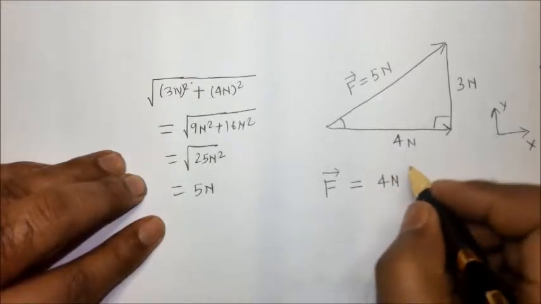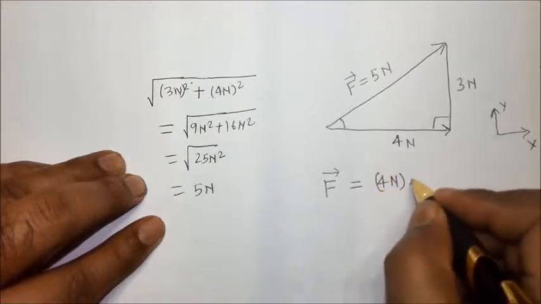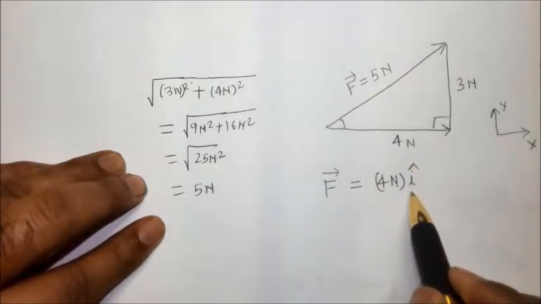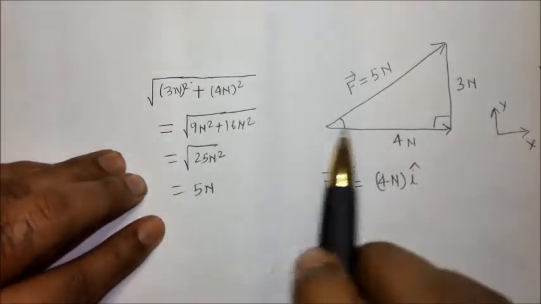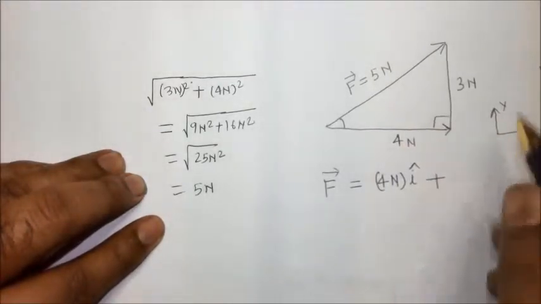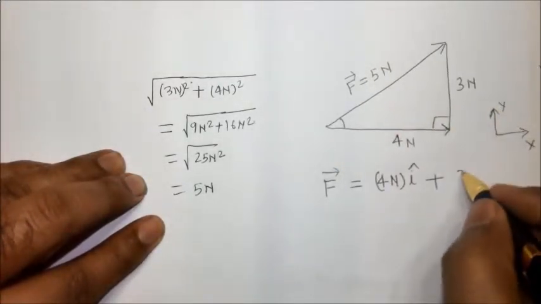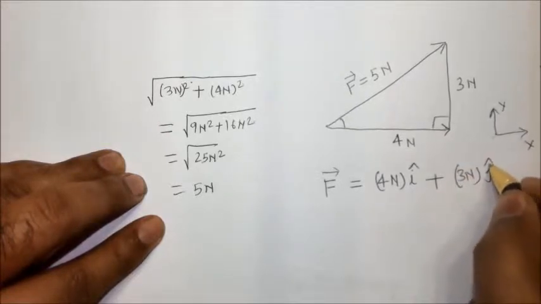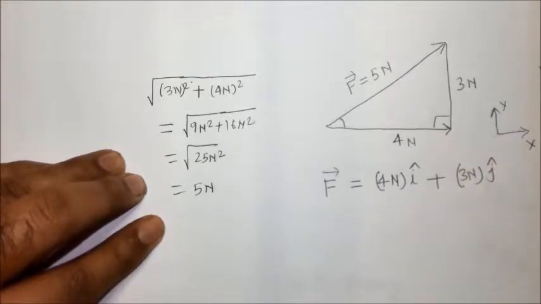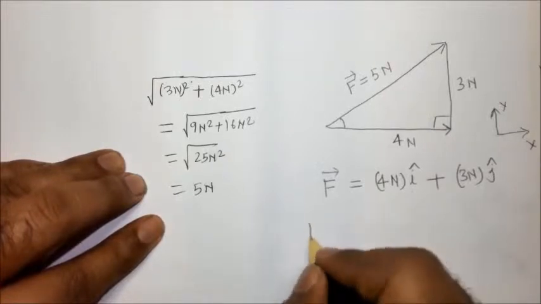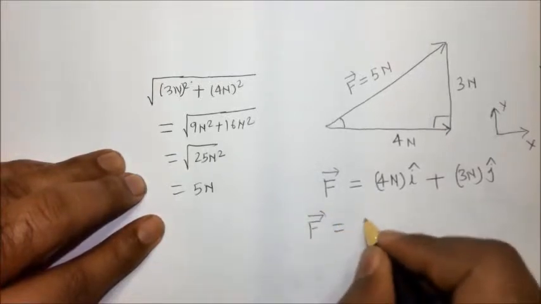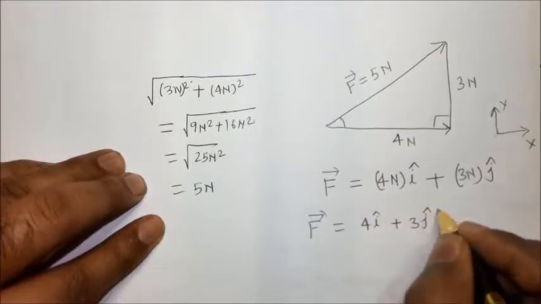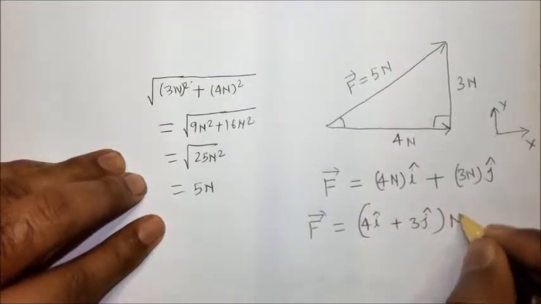So you can write 4 I cap, means this 4 Newton is along x-axis, plus it has a 3 Newton component along y-axis, so 3 Newton j cap. Or simply you can write F is equal to 4I plus 3j Newton.